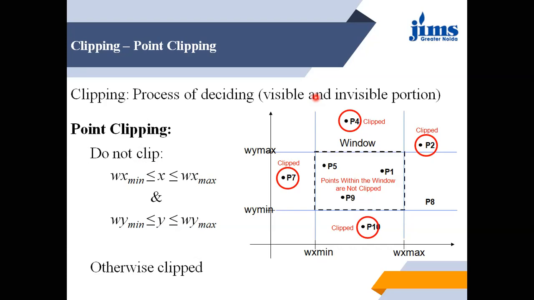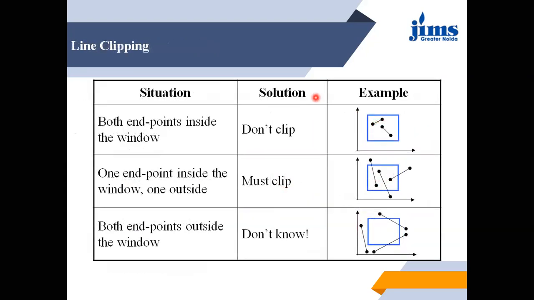There are different types of clipping, but we have to study only point clipping and line clipping. In the last lecture, we completed point clipping. So here we are starting with line clipping.